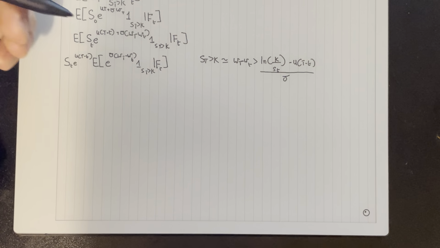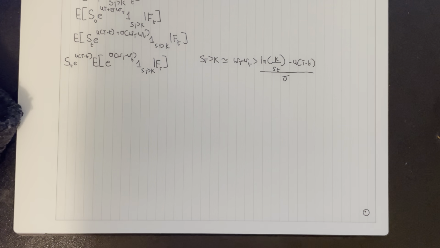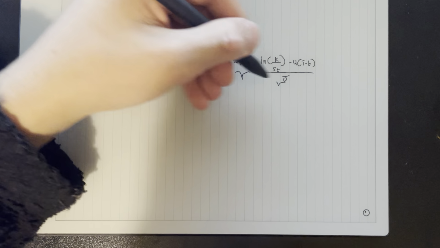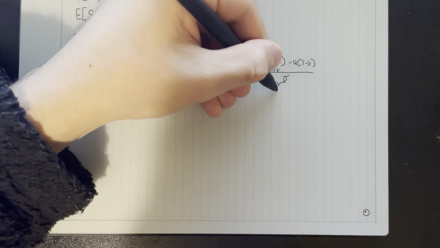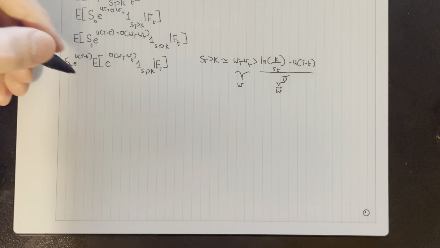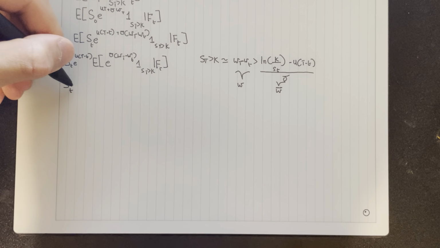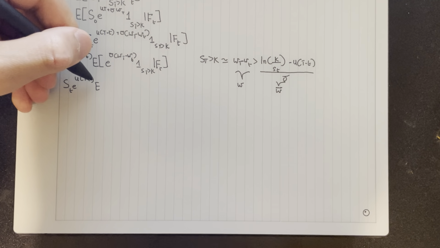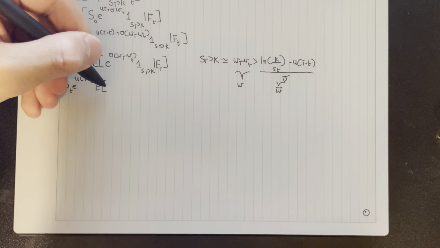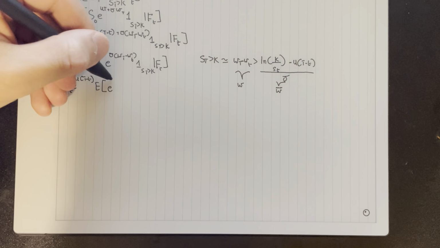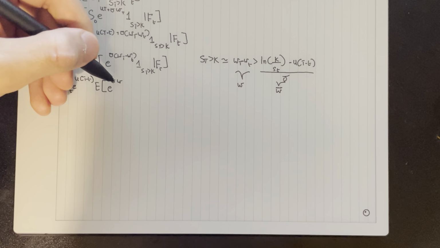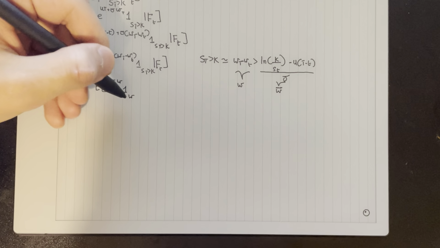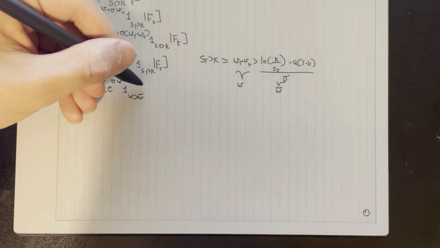So for ease of writing in the future, we will call this quantity W and we'll call this quantity W bar. Rewriting this equation, we have e to the power of mu (T minus little t), times the conditional expectation of e to the power of sigma W, given that W is greater than W bar.